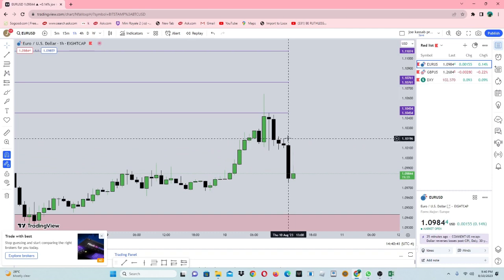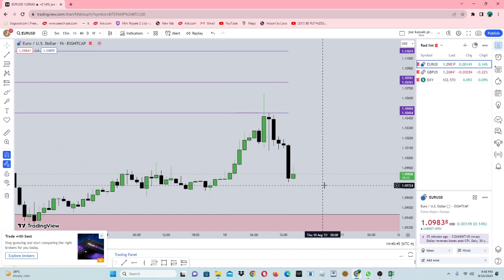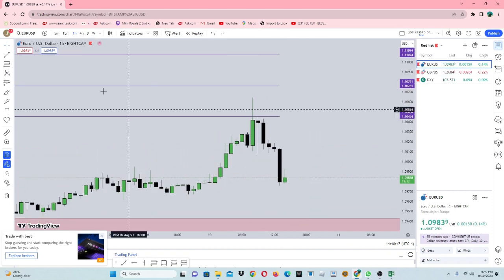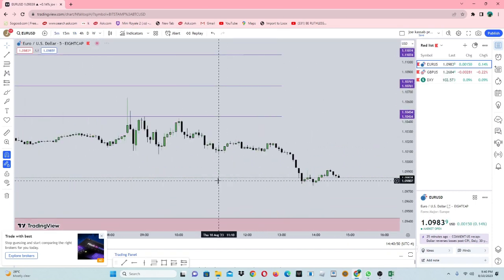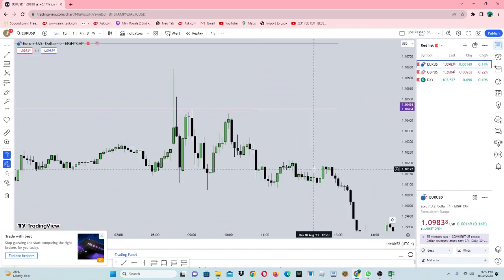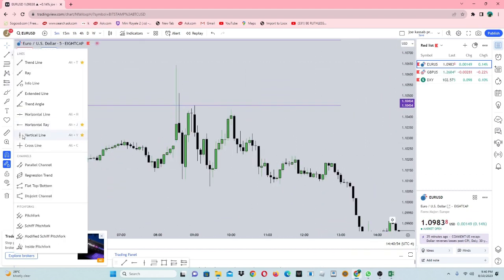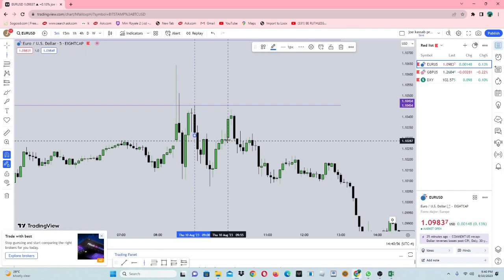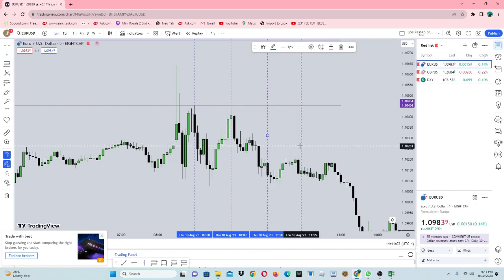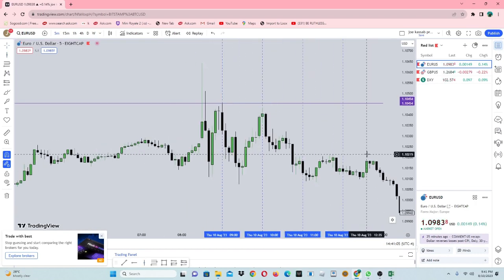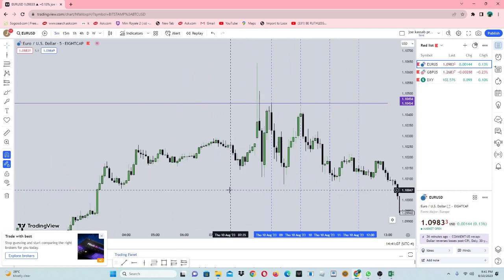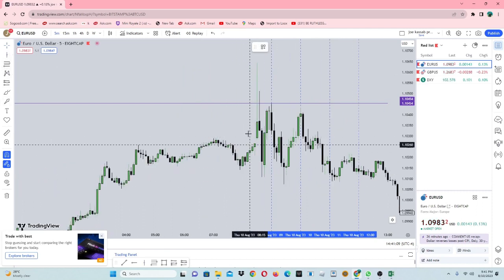This is the 1 p.m. candle, so we are in the PM session. Going into the 5 minutes, 9 to 10, 10 to 11, and 11 to 12, 8 to 9.